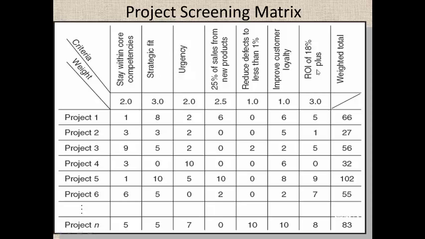You can bring in some other factors like operational factors, environmental factors, social factors, or cultural factors, organization culture also, and put it in elaborately, and then calculate the weightage for the project. Once the weightage is calculated, then automatically based on the top weighted scores, the senior management team can select the project for further execution.